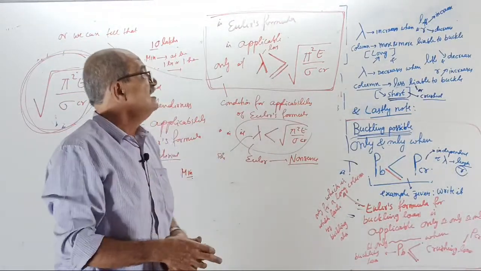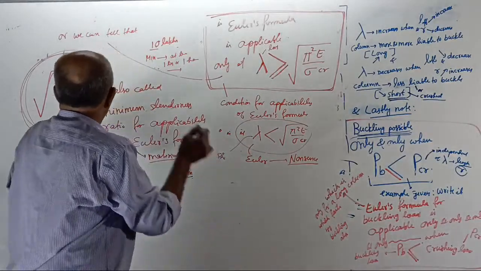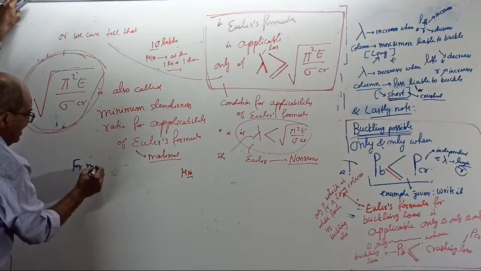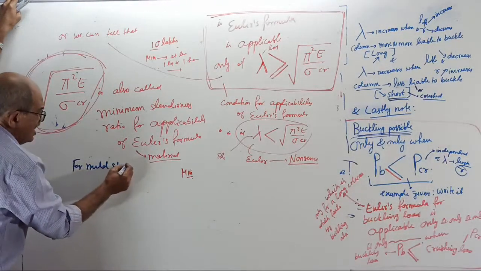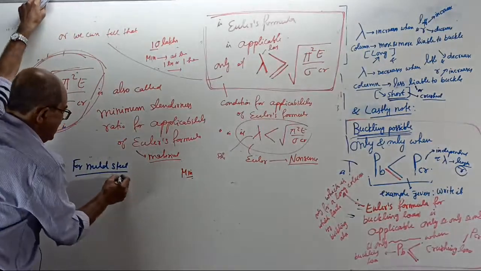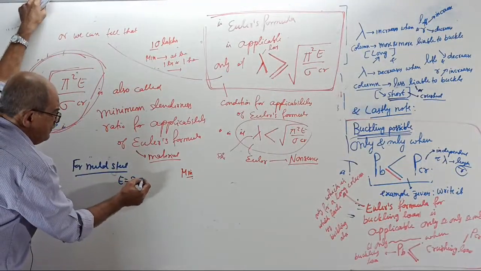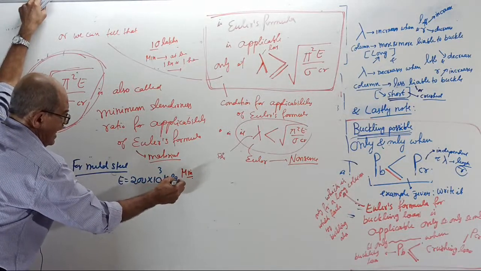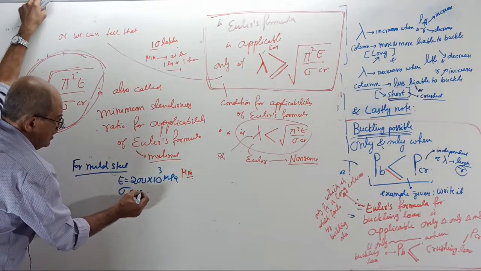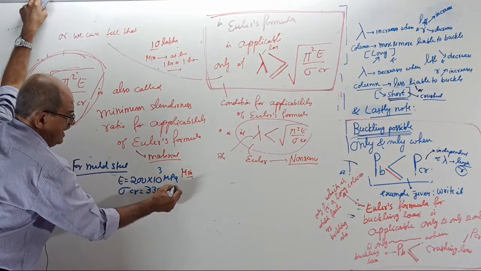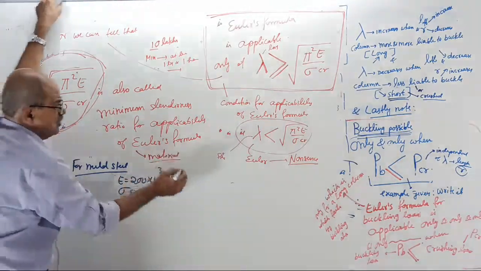Or here, imagine mild steel, because for steel structures you are using mild steel. Your E equals 200 GPa or 200×10³ MPa, and σ_cr for mild steel is approximately 330 MPa. Both are in N/mm².